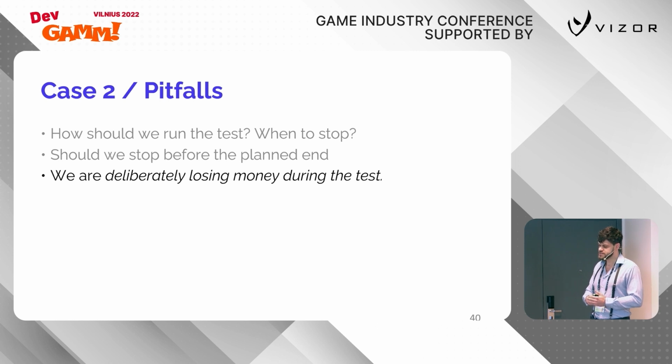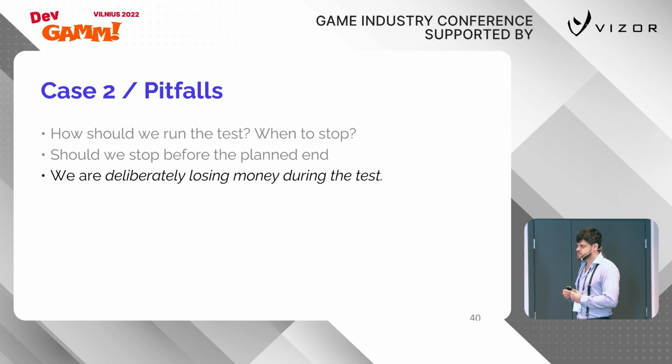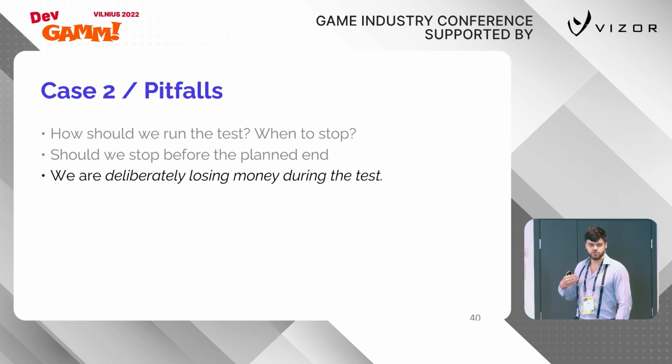The problem can be rephrased as: we are running an A/B test to make a decision about what's the best offer, but we are actually spending real money to run this test.